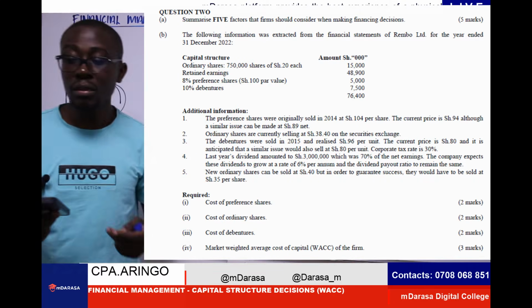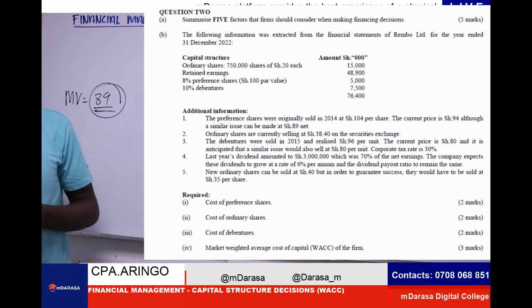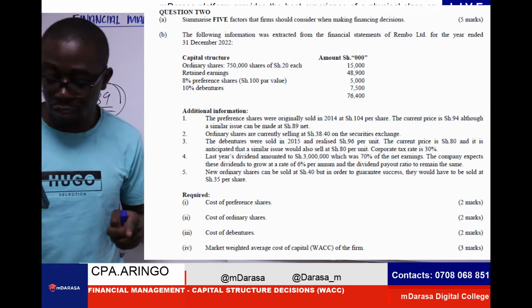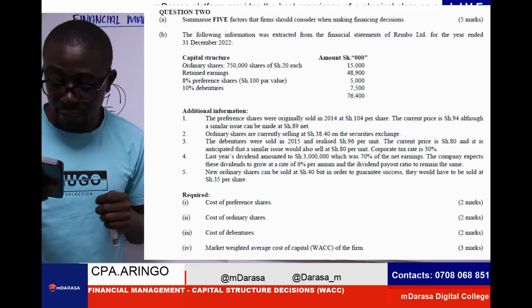Okay? So you're given debentures here, and these debentures were issued in 2015, going at 96 per unit. The current price is 80, and it is anticipated that a similar issue will also sell at 80 per unit. The corporate tax rate is 30%.